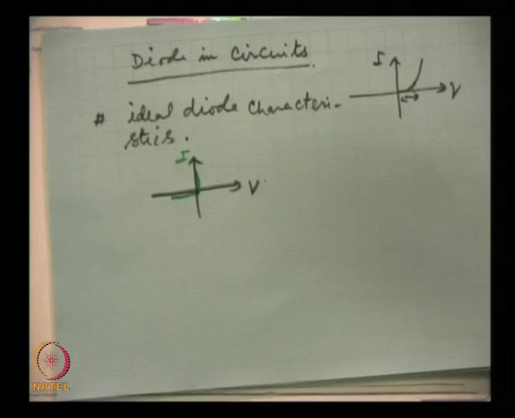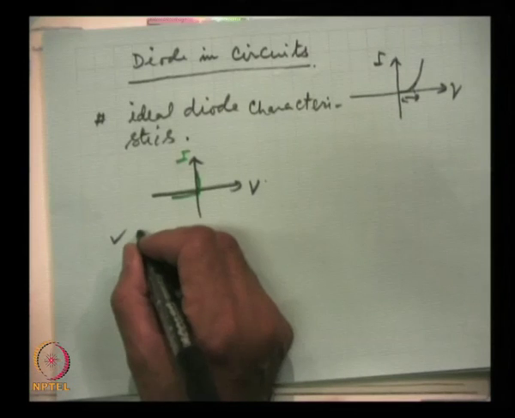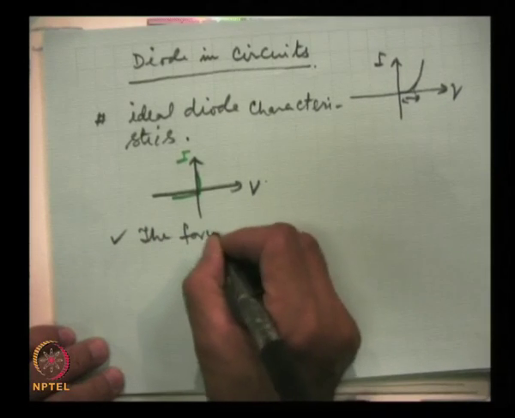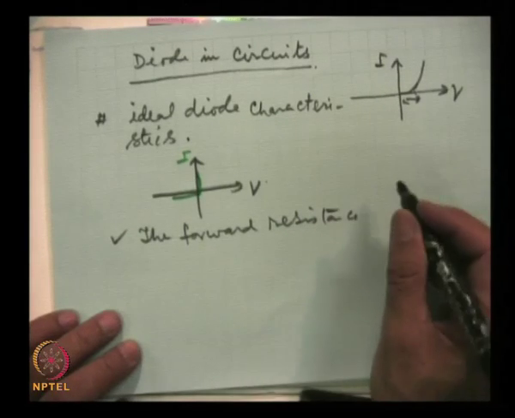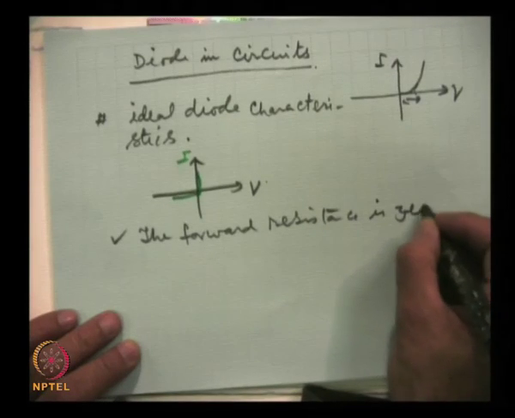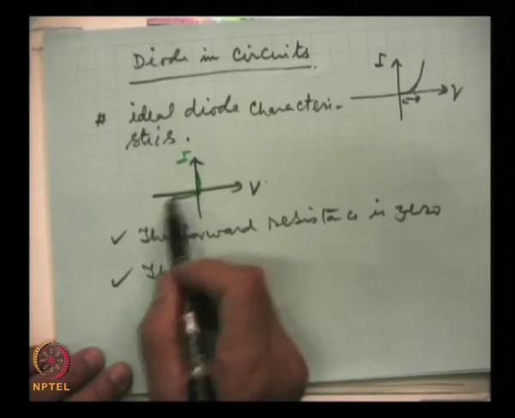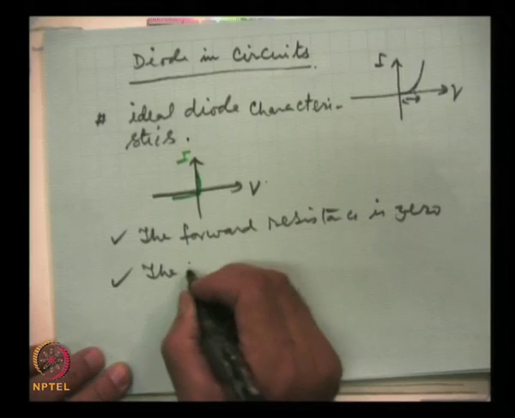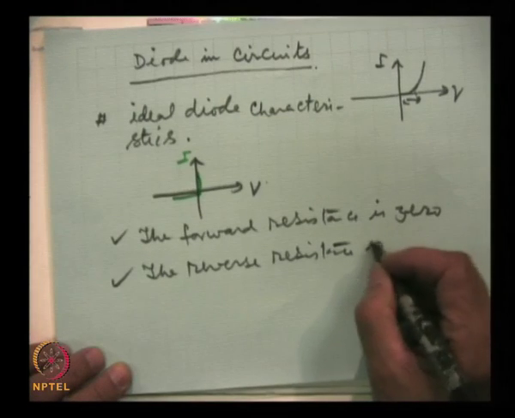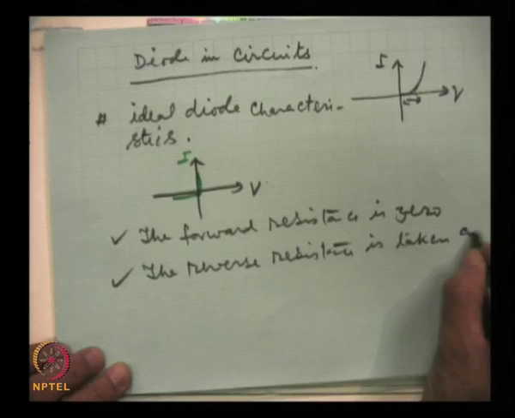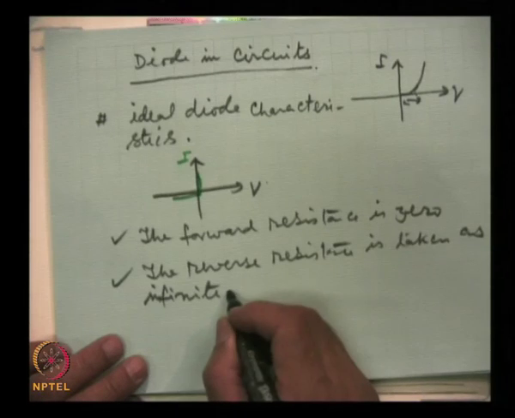That means the forward resistance is taken as 0, and in the reverse biased case, the reverse resistance is taken as infinite, and no current flows.